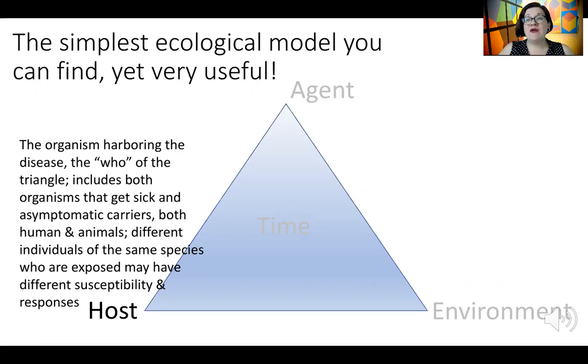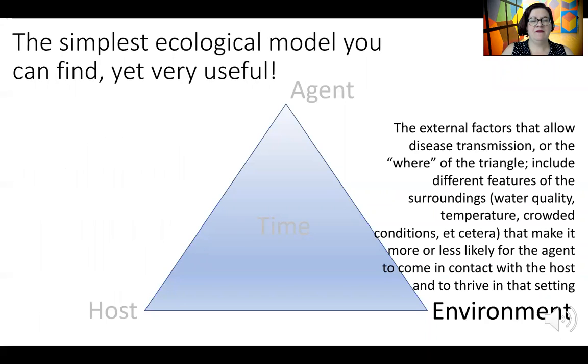And then you have hosts that get sick with the virus, who do have symptoms and who can also be sources of continued spread, but who are themselves affected. So different individuals of the same species who are exposed may have different susceptibility to the pathogen and may mount different immune responses, in some cases behavioral responses to the pathogen upon infection.